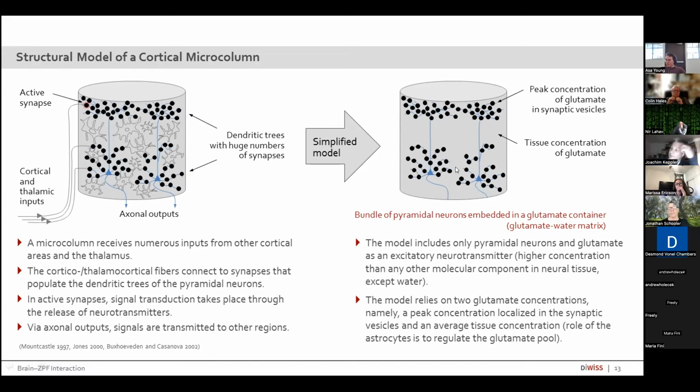So if you want to build a microcolumn in the lab, take a bundle of neurons or fibers, embed them in a glutamate container and make sure that there are pockets of higher concentration of glutamate distributed across the microcolumn. So this is a simplified picture, a simplified model of a microcolumn.